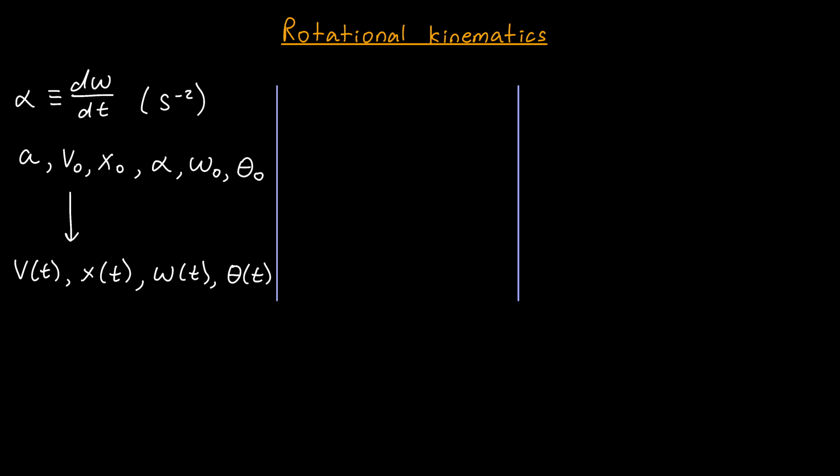Right, so in 3 dimensions, these first 3 are actually vectors, but the second set of variables are only one-dimensional, specifically because we're assuming rotation about only one axis.